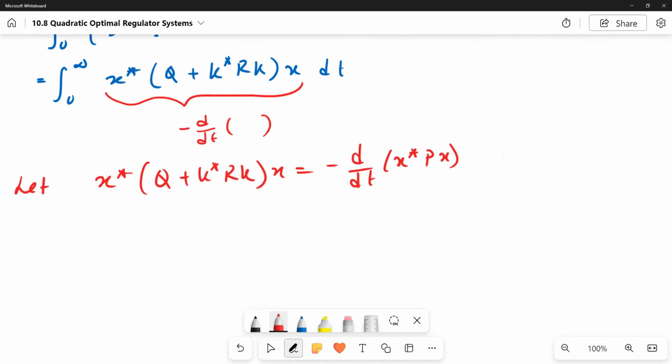Let's assume that P is a positive semi-definite matrix, and also that P is a Hermitian matrix.